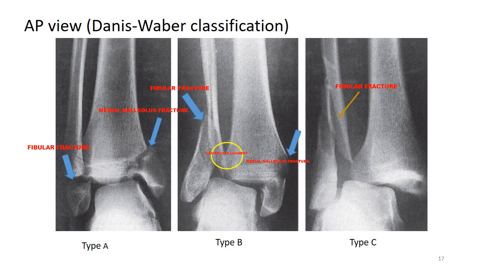Type B picture showing the fibular fracture is at the syndesmosis, possible disruption of tibiofibular ligament, and also medial malleolus fracture. So the type C, the fibular fracture is above the syndesmosis.